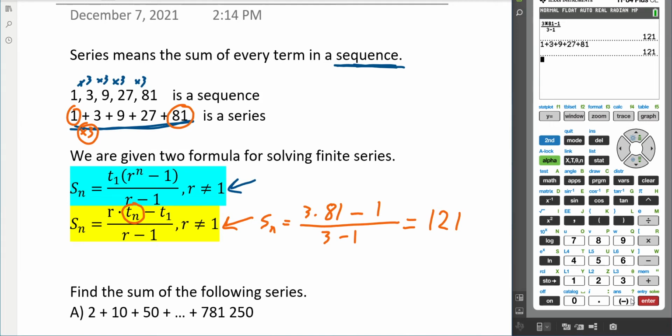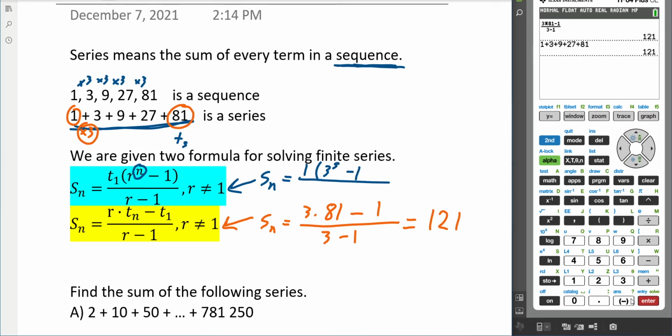So if we're wanting to use this other method, what would we do differently? Well, we're still using T1 and we're still using R, but we're using n, which is just the number of terms till the last term. So this is 1, 2, 3, 4, 5. This is the T5 term, so the last term is T5. So all we're going to do differently is T1, which is 1, times R, which is 3, to the n, which is 5, minus 1.